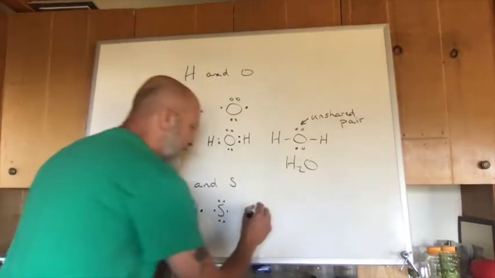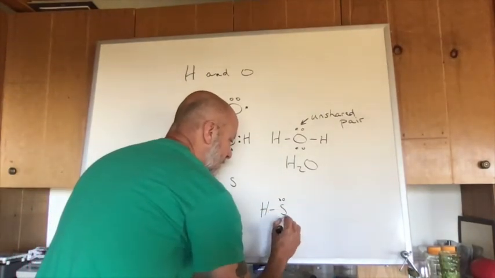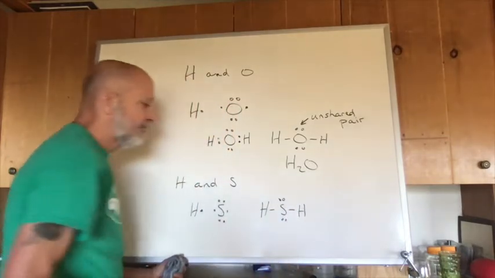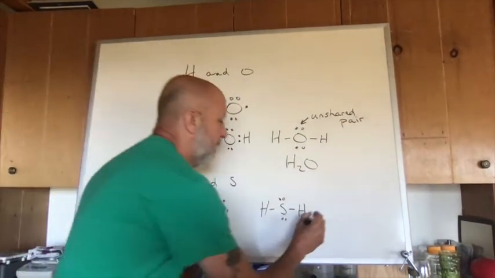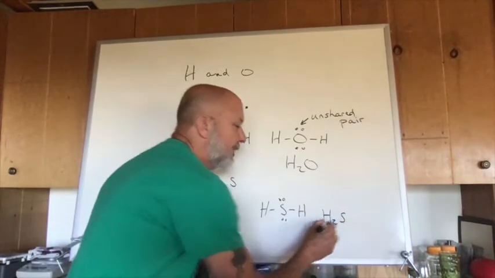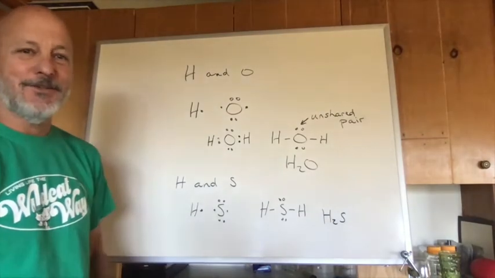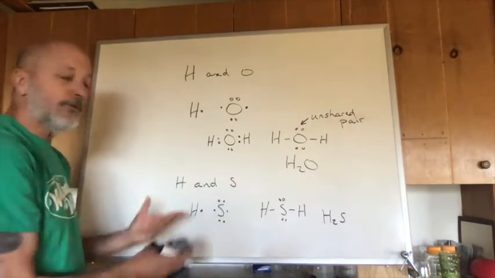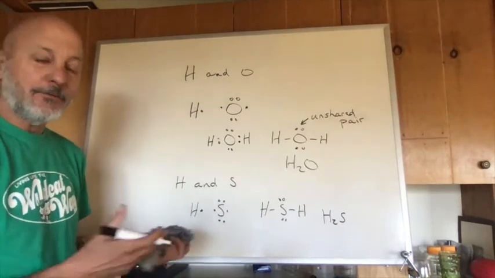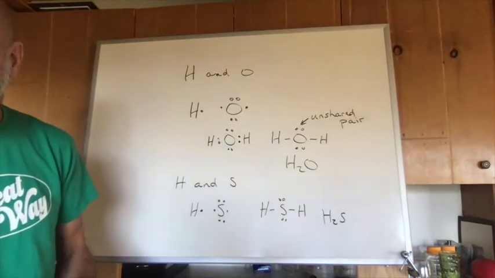So it finds 2 hydrogens. And you have this molecule, H2S. So they interact in the same way. Of course, these two molecules have very different properties. You don't want to drink this stuff. Don't drink hydrogen sulfide. But the way they interact is very similar to form that molecule.